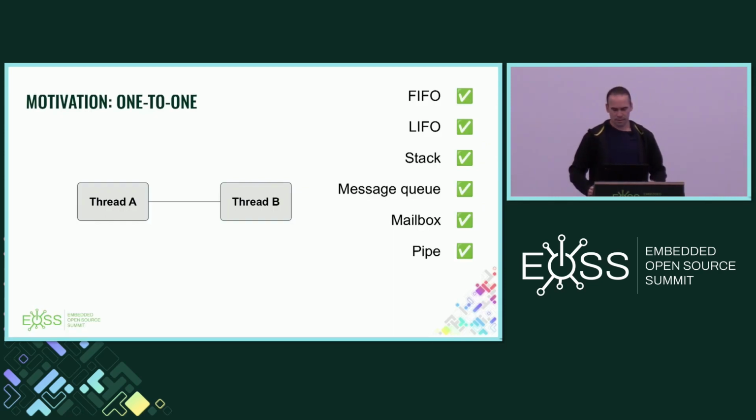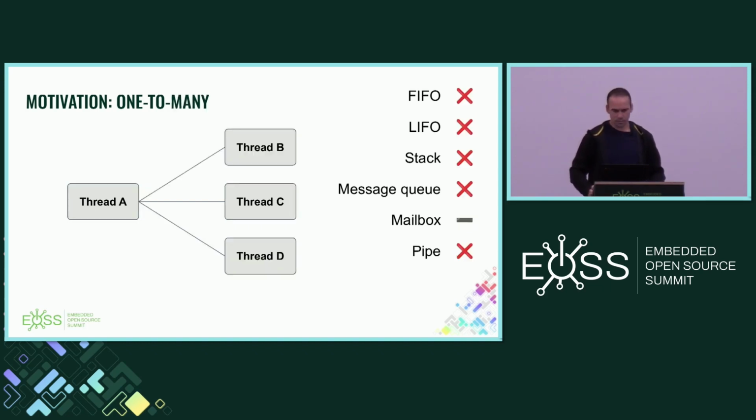We started ZBus because one-to-one communication is easy. We have a lot of kernel objects or tools that enable us to do that. But when we start thinking in a more complex way, for example one-to-many, we don't have so many options.